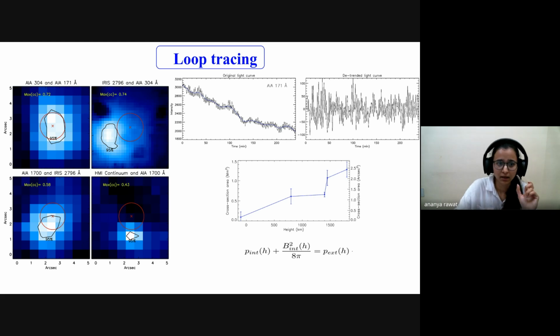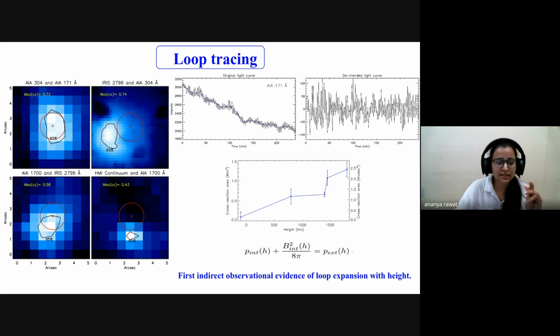So this is the first indirect observational evidence of the loop expansion with height. And this is a technique which we have developed to trace the loop from the corona to the photosphere, which previously we could not detect, neither the loops nor their cross sections in the lower atmosphere.